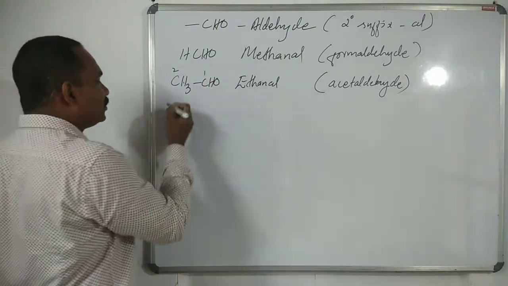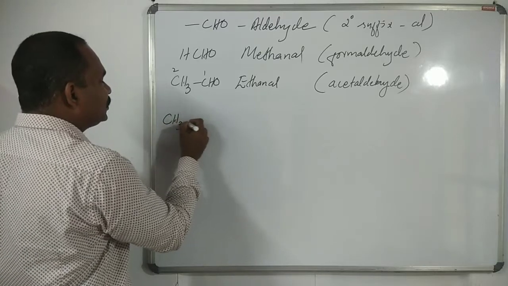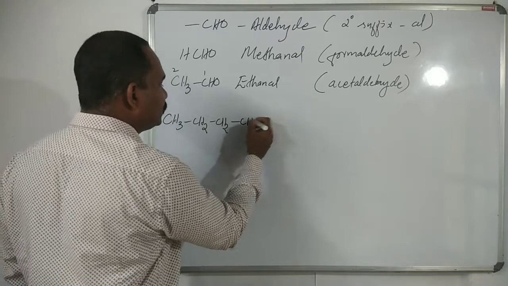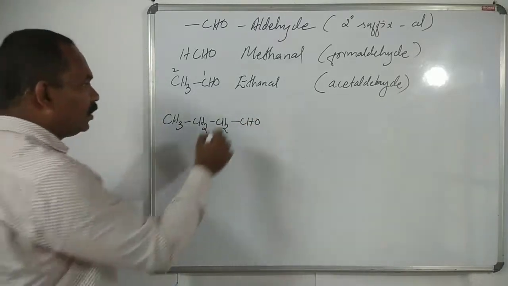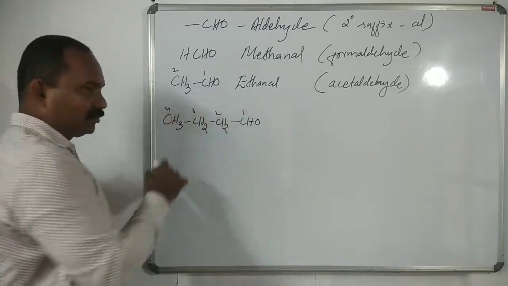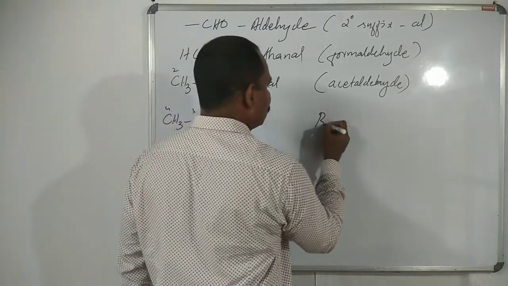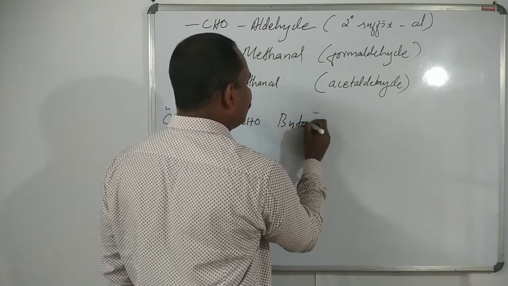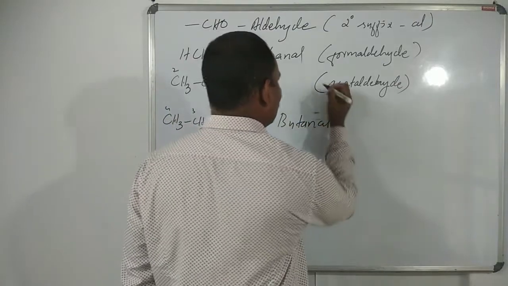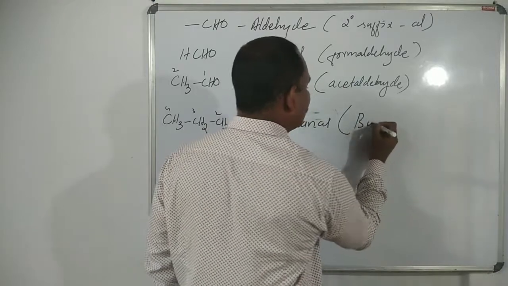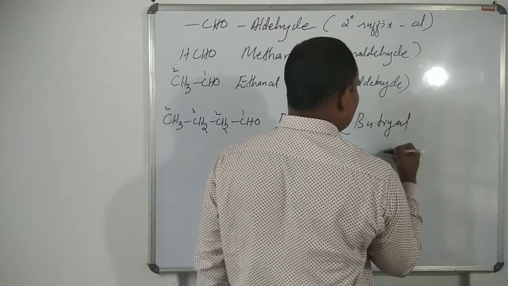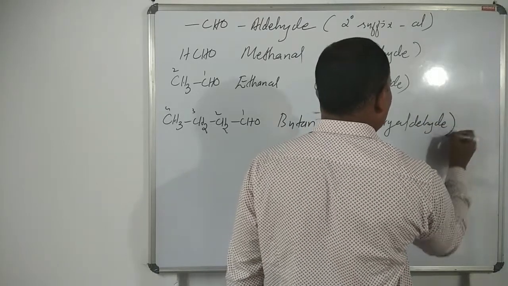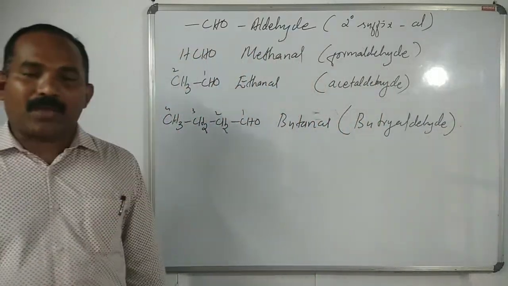Then another is CH3CH2CH2CHO, carbons 1, 2, 3, 4. The IUPAC name is butanal, and the common name is butyraldehyde.